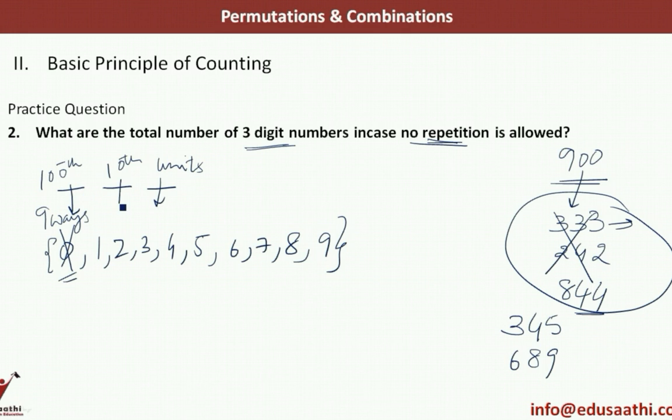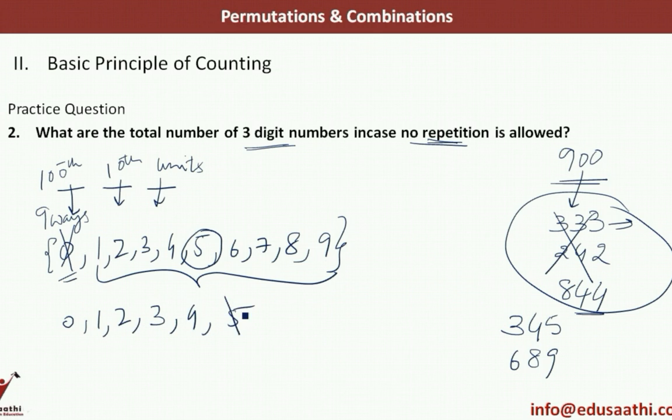In the tens place, now imagine that out of these 9 digits, any one number, let's take 5, has already been used in the hundreds place. So now 5 cannot occur again because no repetition is allowed. So for the tens place, I will have the digits 0, 1, 2, 3, 4, then 5 cannot occur again, 6, 7, 8 and 9.